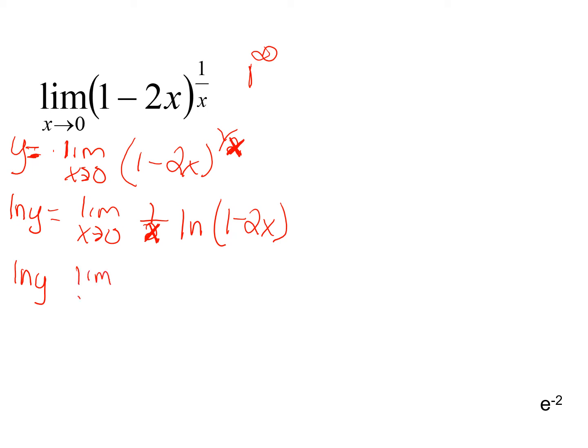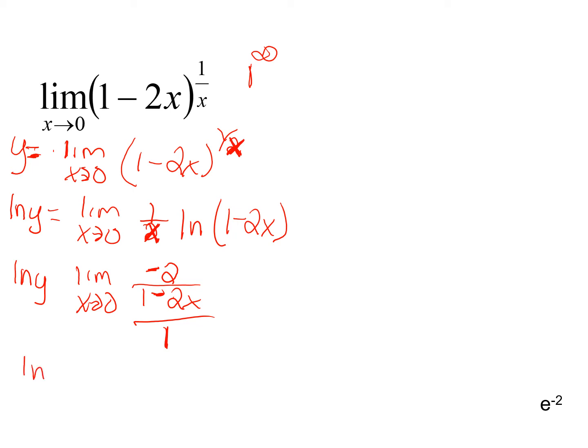So this is the limit as x approaches 0. I'm going to take the derivative of the natural log of 1 minus 2x. I have to use the chain rule, so that is negative 2 over 1 minus 2x. And then the derivative of x is just 1. So we do a direct substitution.